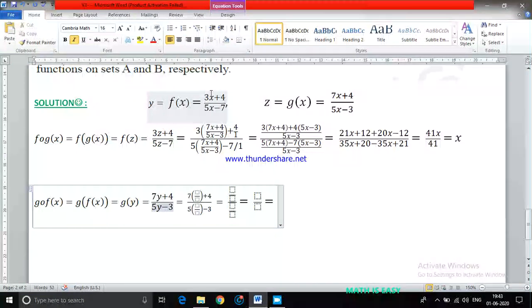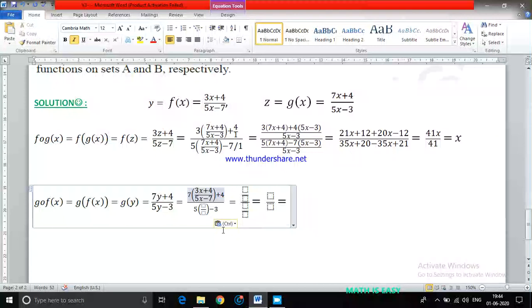But what is the actual y value? Here you have y equals 3x plus 4 upon 5x minus 7. So that y value I'll replace here. Then plus 4, I kept as it is.